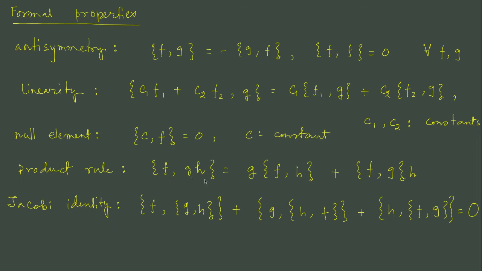And the product rule similarly can also be established. The Poisson bracket between F and then G times H is simply G times the Poisson bracket of F and H plus the Poisson bracket of F and G times H. One easy way of remembering this is to try to keep the order of the Poisson bracket intact. So here I first take one of the functions out and write down the Poisson bracket using the other, keeping F at the beginning, F, H. The order must be kept the same, otherwise there would be a change of sign.